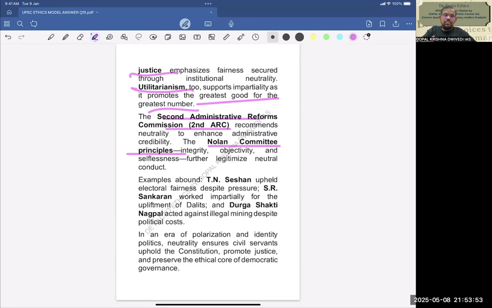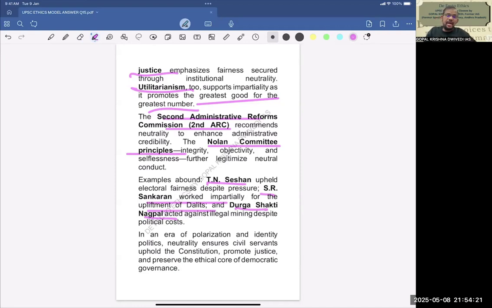Now let us go for one or two examples. Examples abound. TN Seshan upheld electoral fairness despite pressure. SR Sankaran worked impartially for the upliftment of Dalits and weaker sections. Durga Shakti Nagpal acted against illegal mining despite political costs.